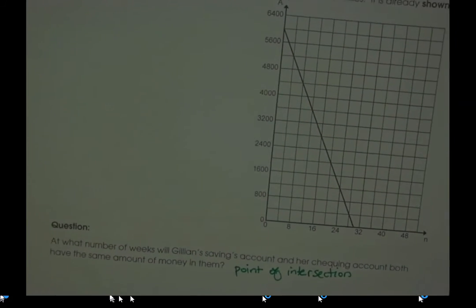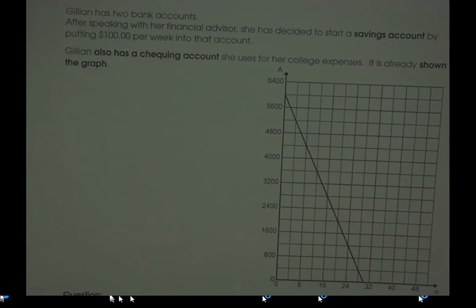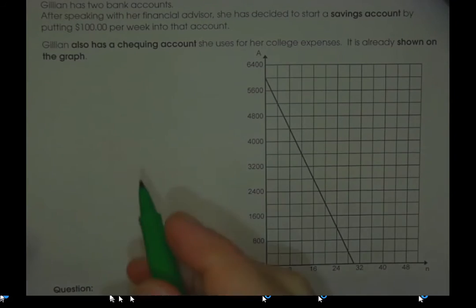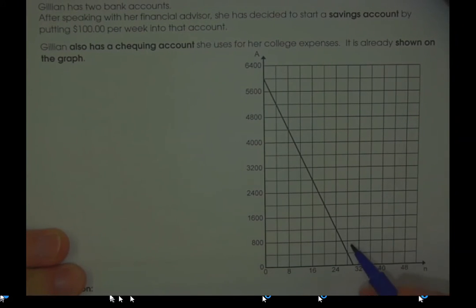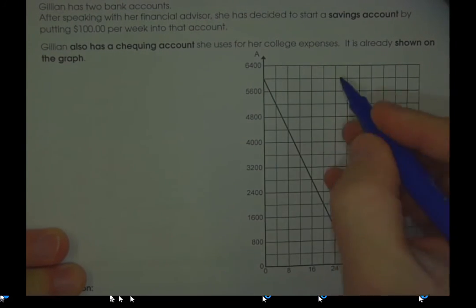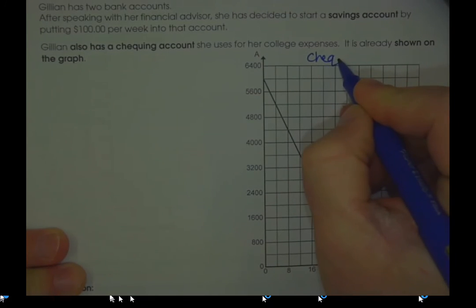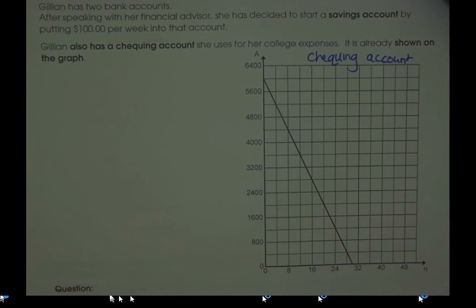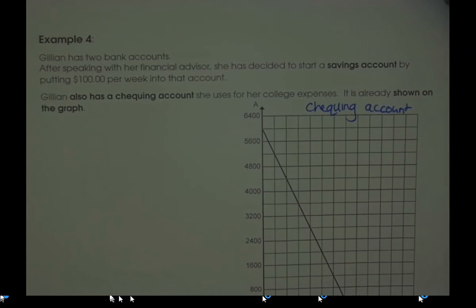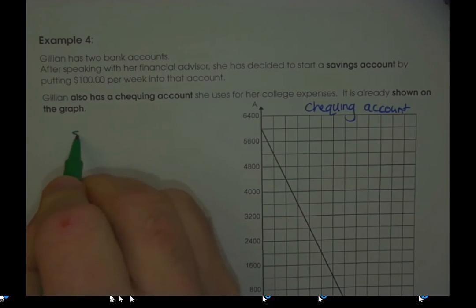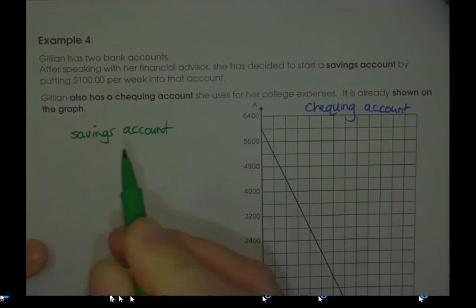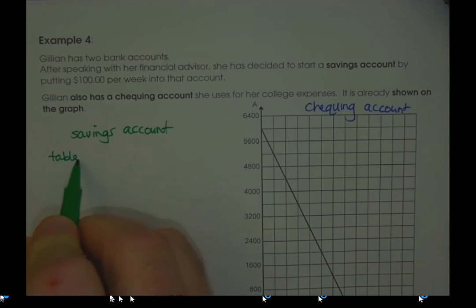Okay, so if I'm looking at this, we know that this line on here is already her checking account. So the question now is, how do we figure out how much is in her savings account? Well, for some people, they might do a table.